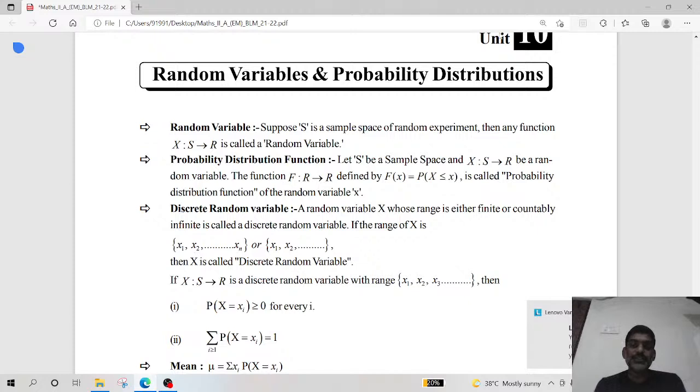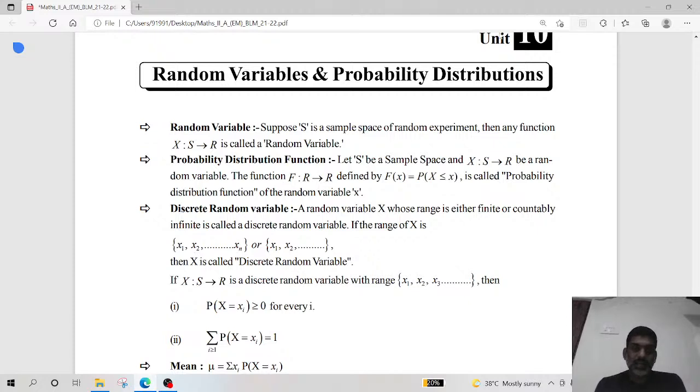Then we are defining a function from R to R. The function is in terms of x, that is equal to P, where capital X is less than or equal to small x.